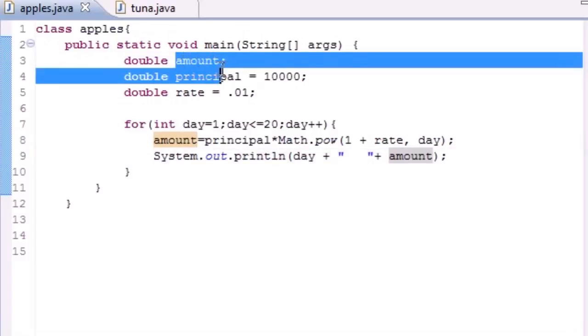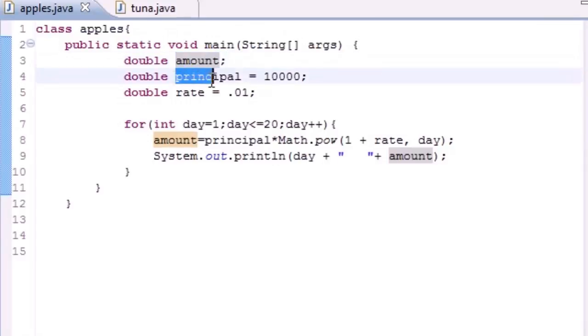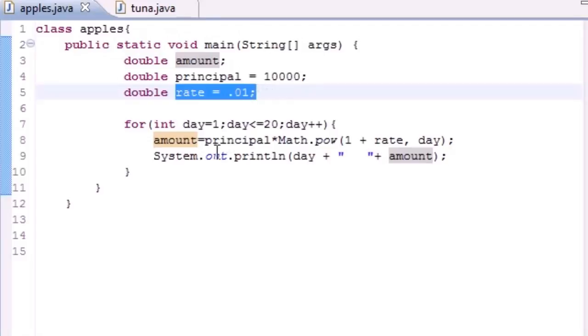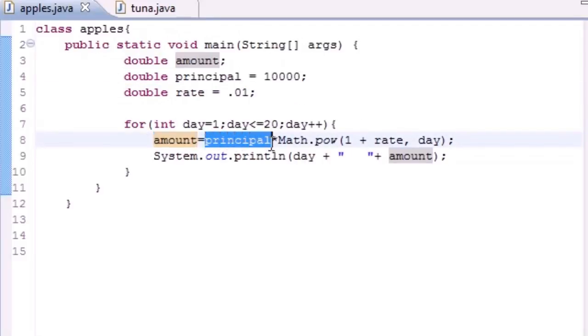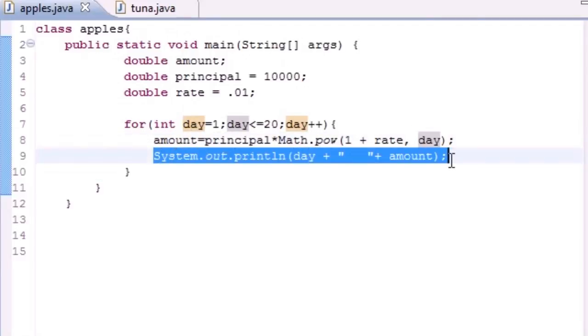You need to figure out the amount, which we don't know yet, but we do know the principal, which is the starting point, and the rate. We set the amount, which you don't know yet, equal to the principal times 1 plus the rate, which is 0.01, to the power of the day. And this is where the for loop comes in handy, because this goes 1, 2, 3, 4 all the way to 20. And next, we just output it on the screen.